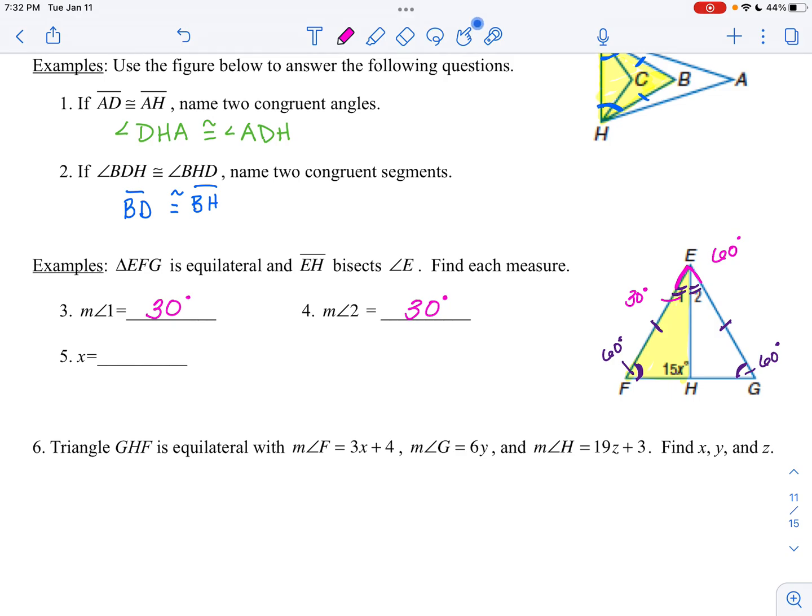Remember that the angle sum theorem tells us that the three angles of a triangle must add up to 180. So 15x plus 30 plus 60 must equal 180. Therefore, 15x equals 90, and x should be 6.